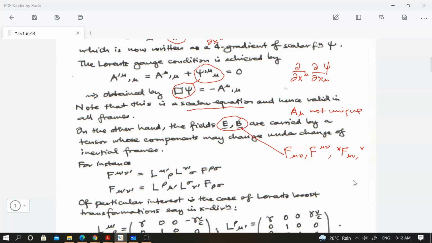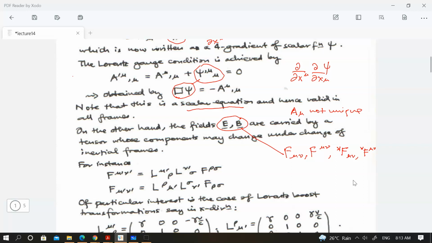These were actually done much earlier when we introduced tensors. But all these four are sort of equivalent ways of describing your electric field and magnetic field. So you have options how to write them.